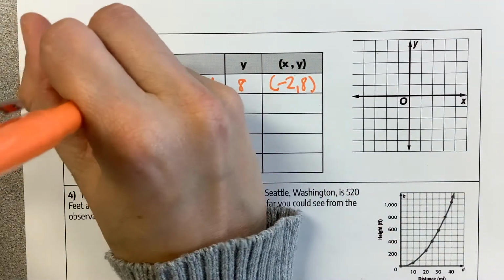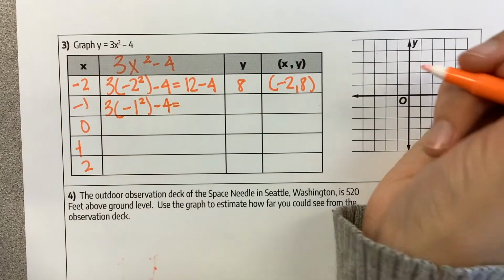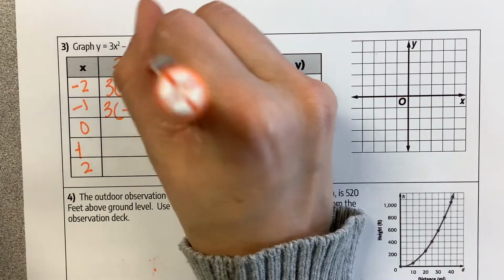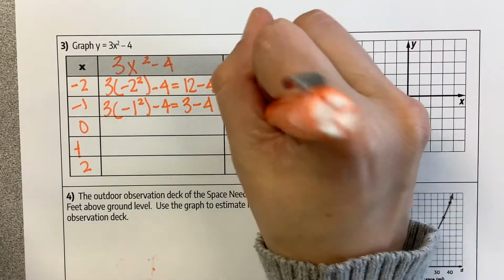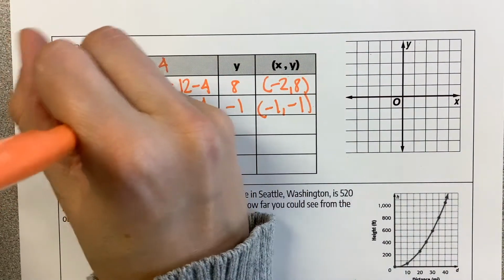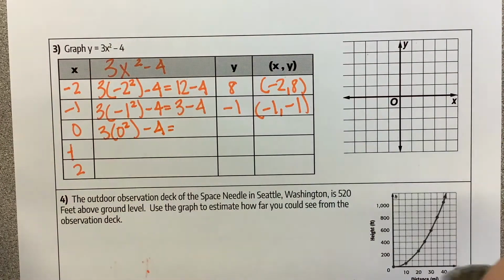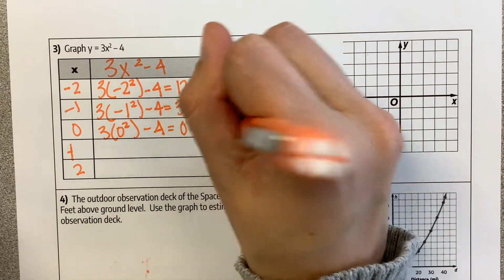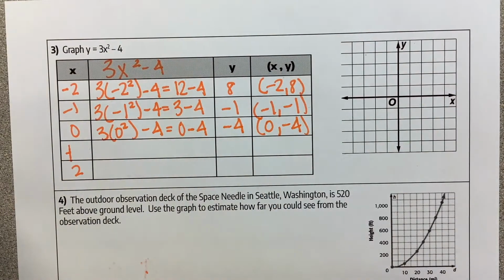Plugging in -1, we get 3 times -1 squared minus 4. -1 squared is 1, times 3 is 3, so 3 minus 4 is -1. So -1, -1. Plugging in 0, 3 times 0 squared minus 4 is just 0 minus 4, so -4. So our ordered pair is 0, -4.